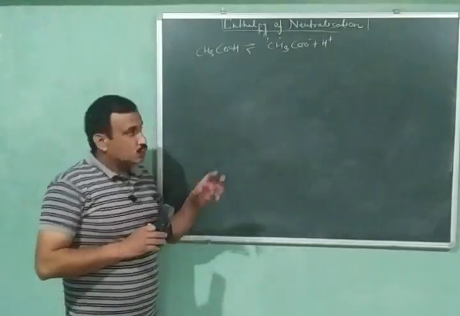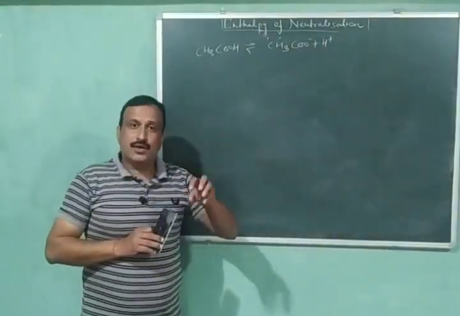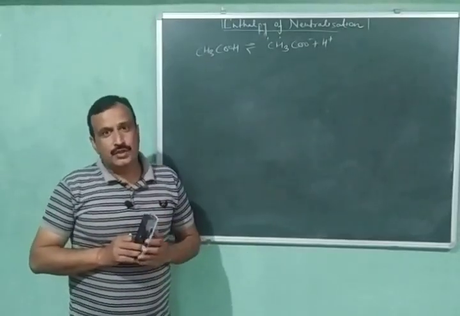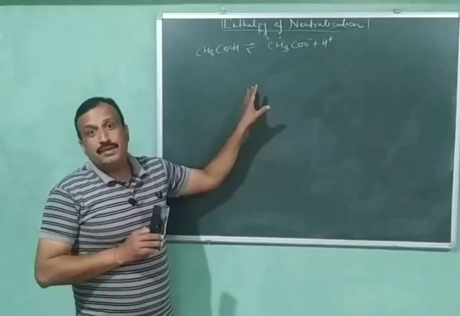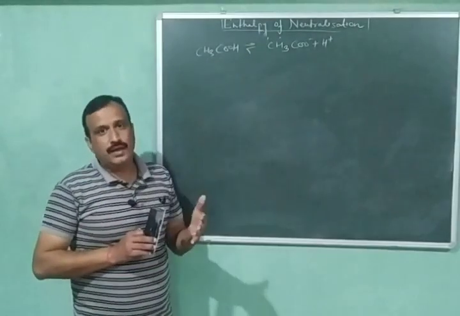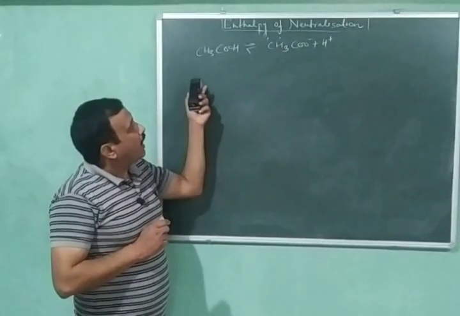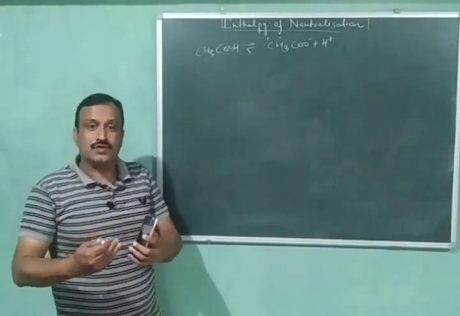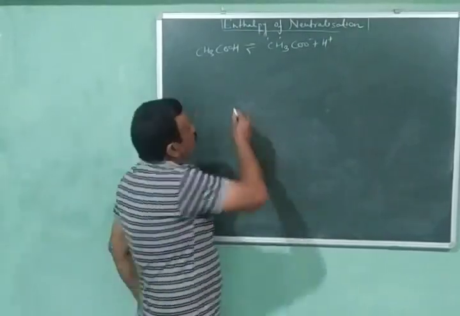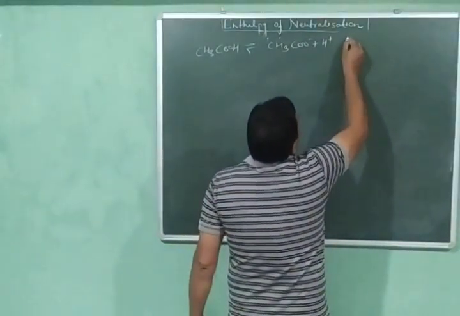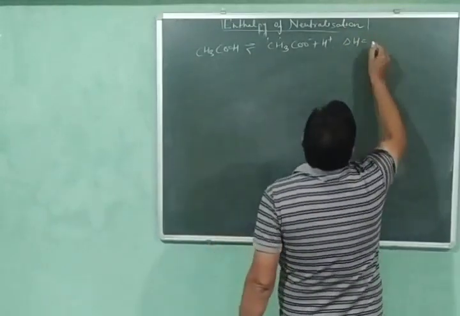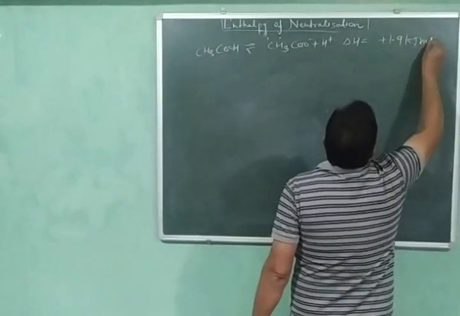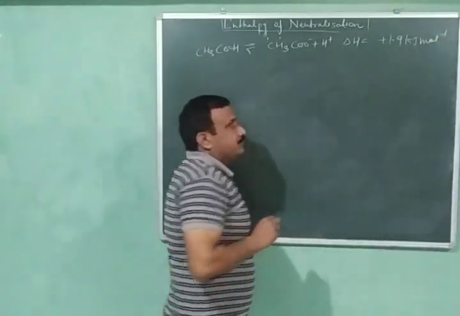So it is a weak acid, and weak acids are not completely ionized even in dilute aqueous solutions. So its ionization will be an equilibrium reaction. And if we want to ionize it completely, then we have to supply some heat or energy from outside, and to completely ionize acetic acid, the heat required will be equal to plus 1.9 kilojoule per mole.